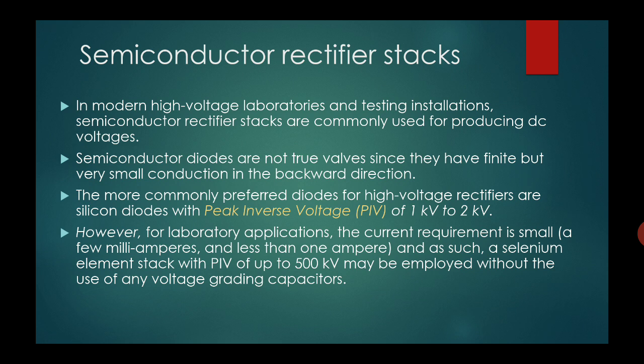So in laboratories, keep in mind that normally the silicon types are used with a PIV of 1 to 2 kV. In laboratories which have a small current requirement, they use selenium element stacks with a PIV of 500 kV. Okay.